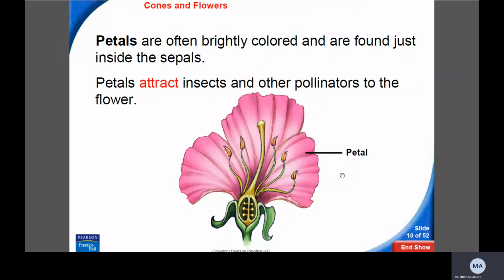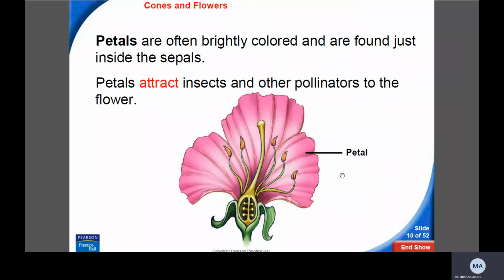Now, in the case of pollination, this is an important one, right? The sepal and the petal are not going to take part in the reproduction. If you look at the reproduction, the reproductive part is the middle one which you can see.